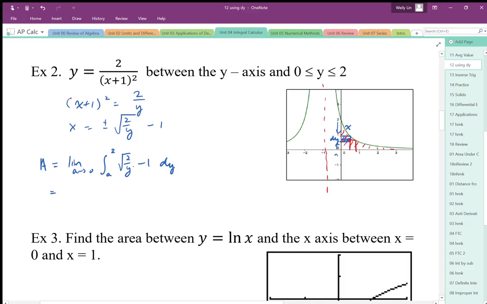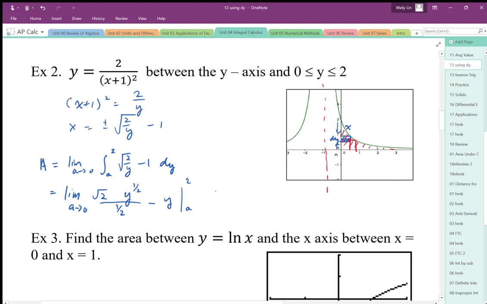So anti-differentiating this, this is going to be y to the power -1/2. So when I anti-differentiate that, I'm going to take this square root 2 out. It's going to be y to the power 1/2 divided by 1/2, minus y. That's going from a to 2.